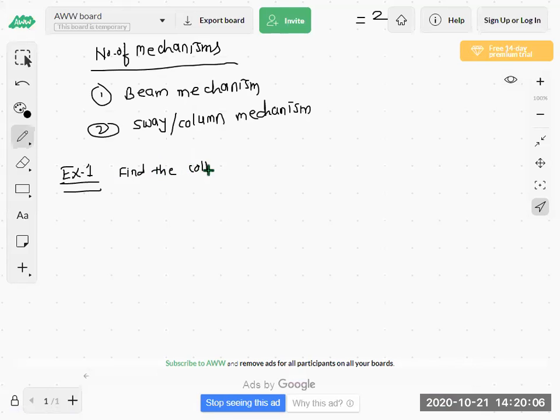Find the collapse moment for a given portal frame.